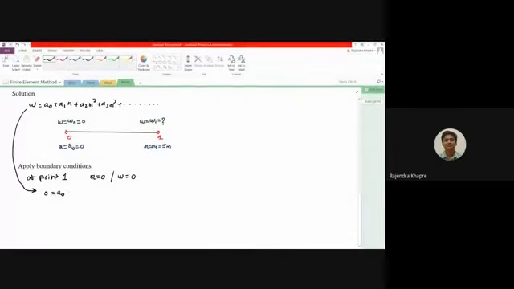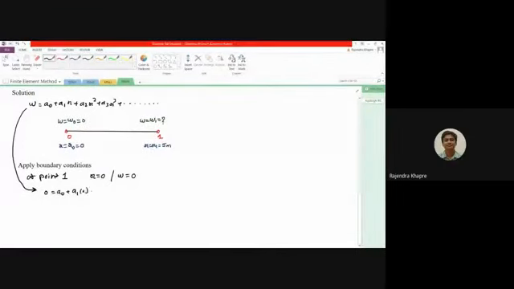This will be a0 plus a1 into x, where x will be 0, plus a2 into x, where the x value will be 0. We have not yet assumed the expression, so let us assume the expression up to 3 terms only. Let us assume that our expression is this expression.